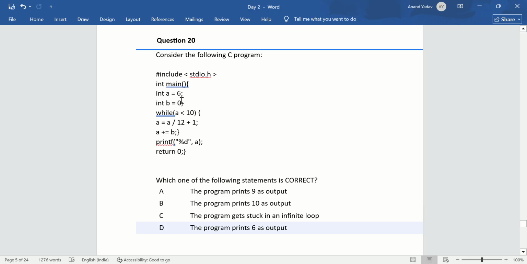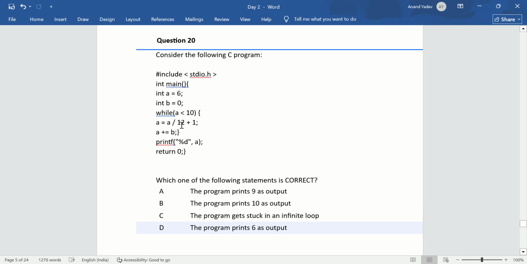First I check what the program executes. Int a is equal to 6, int b is equal to 6, while a is less than or equal to 10, a is equal to 6 divided by 12 plus 1. It will be 1. A is equal to 1. A plus b, a plus 0, 1.